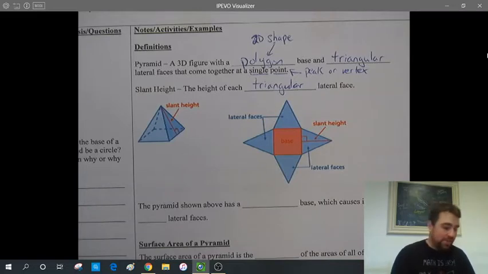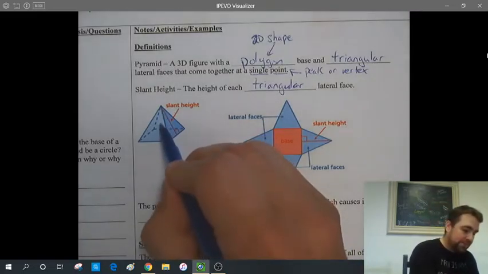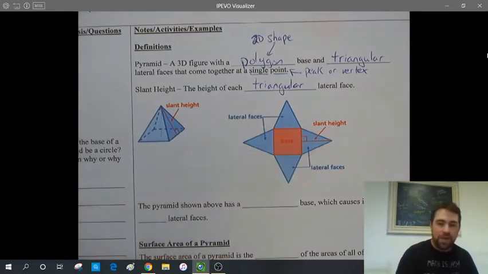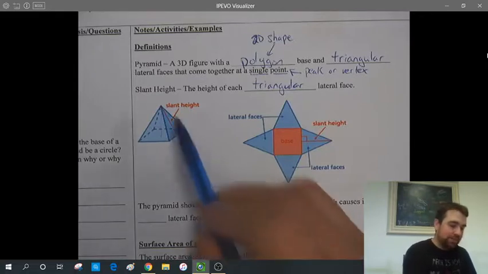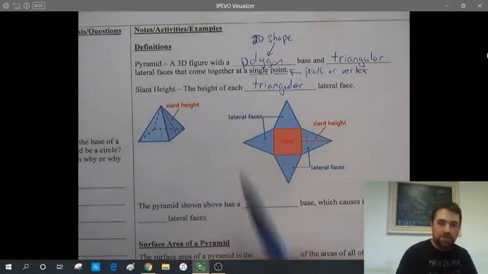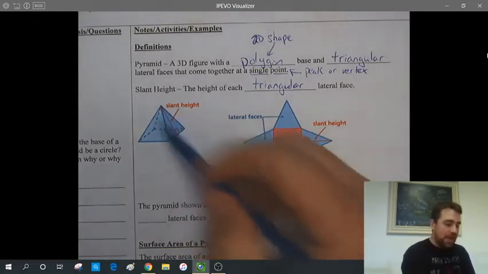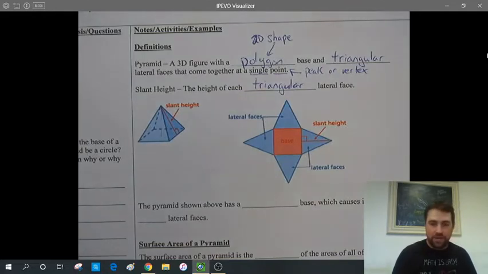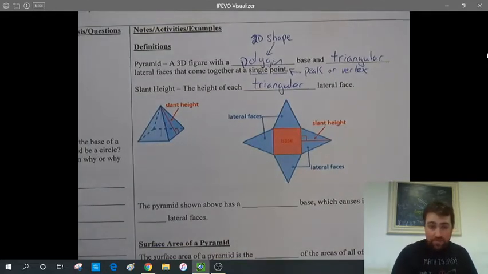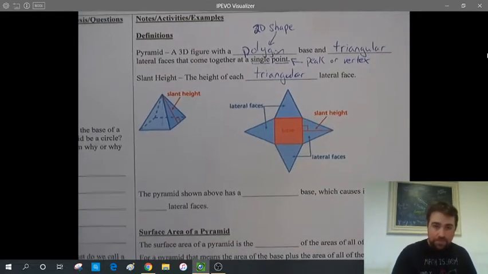Because the height of the pyramid would actually drop down from the center and go straight down to the base. And so it's not the overall height of the pyramid, and that's why we give it a different name and call it slant height, because the outside of the pyramid is kind of the slanted portion of it, and so it's the height of those triangles out there. But that's going to be important for finding the surface area for when we need to find the area of those triangles.